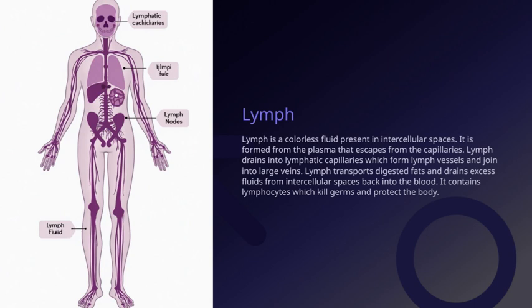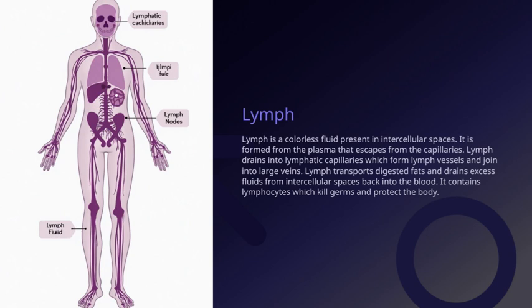Lymph drains into small vessels known as lymphatic capillaries, which then connect to larger lymph vessels. These vessels eventually join into big veins, returning the fluid back into our bloodstream. This process is crucial because it helps transport digested fats from our intestines, fats that are otherwise hard to move through the blood directly, and it also helps drain excess fluids from around our cells, preventing swelling.